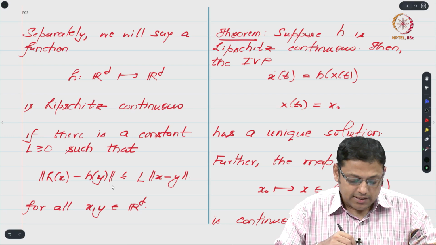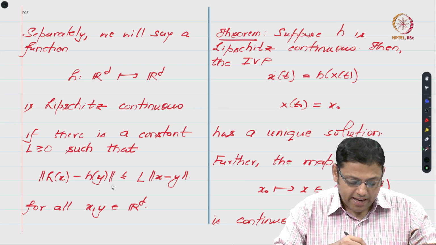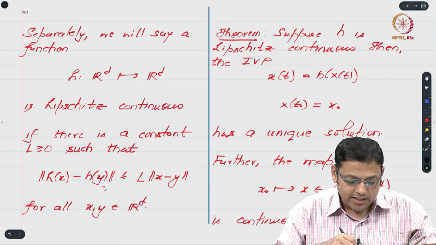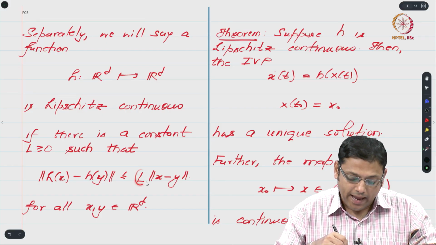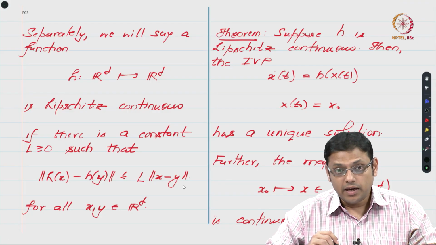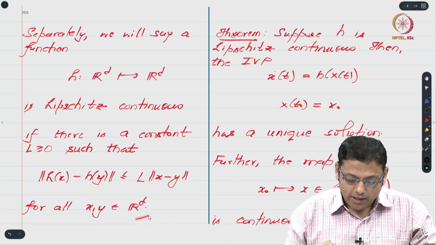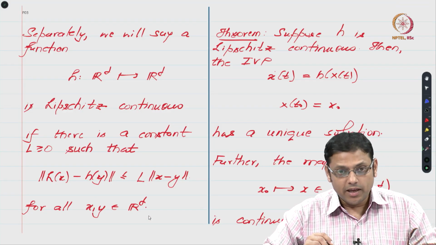So you look at the distance between them and we will say this function h is Lipschitz continuous if this distance is upper bounded by L times the distance between x and y, and this relationship should be true for all x, y in R^d. So let me again summarize.